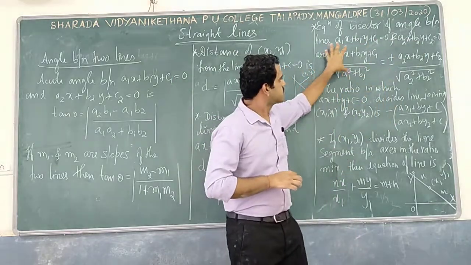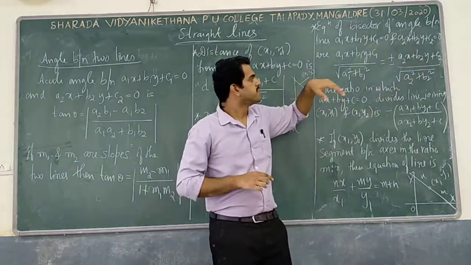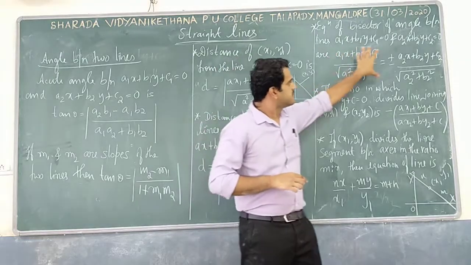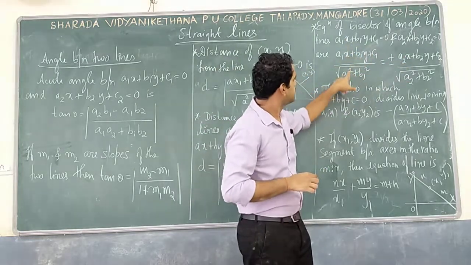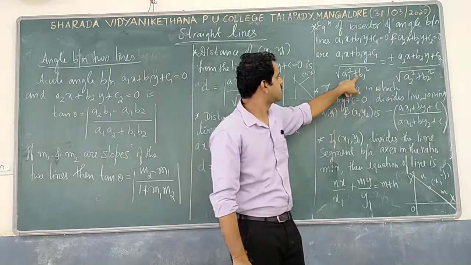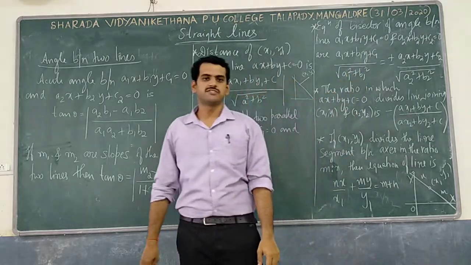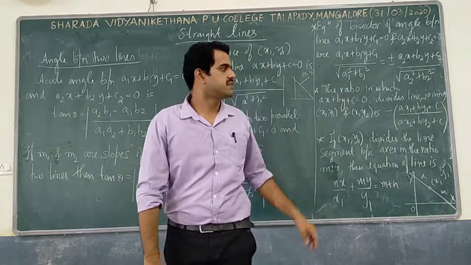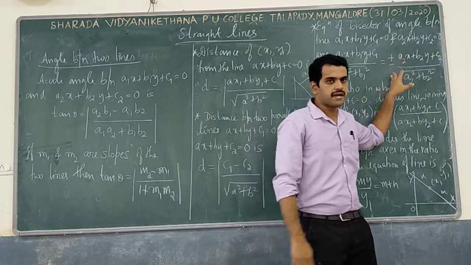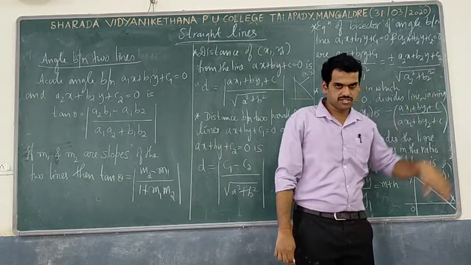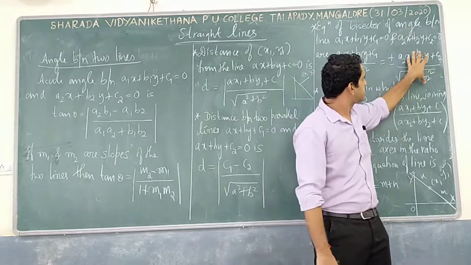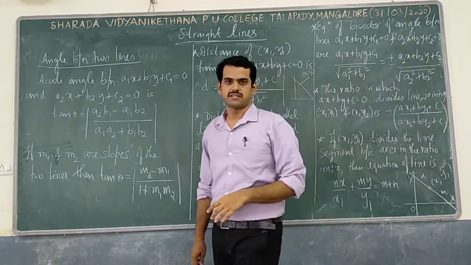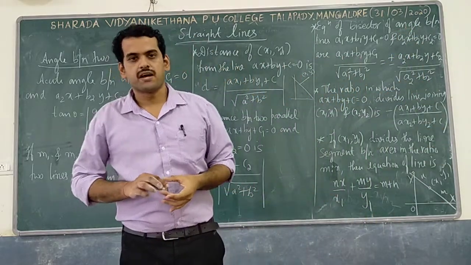Then the two equations together are given by this result. Just take the first equation, divide by the square root of the sum of the squares of the coefficients of x and y, and that is equal to plus or minus the second equation divided similarly, which gives two equations here. Similarly, you apply that, and you are going to get the equation of the bisector.